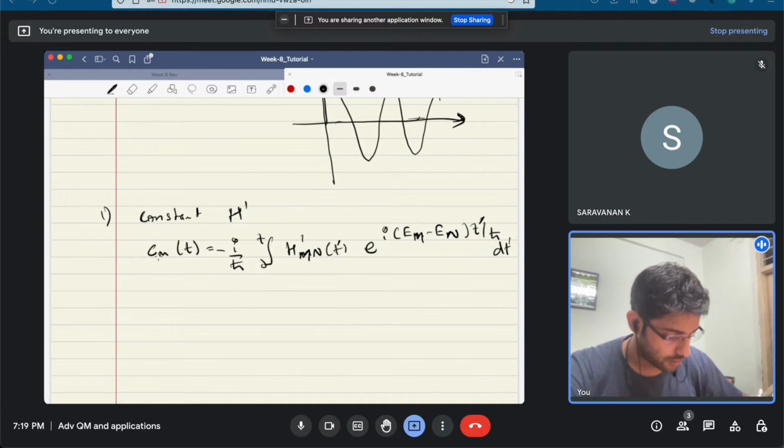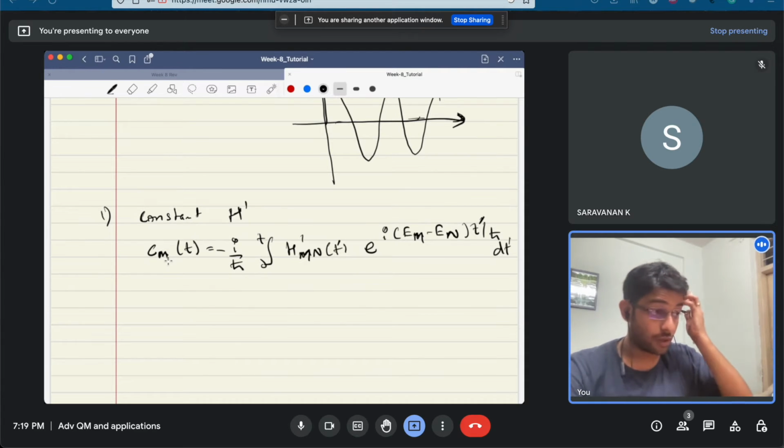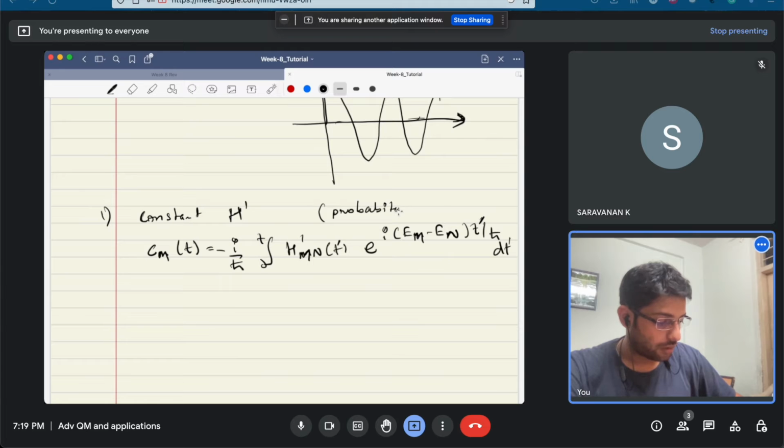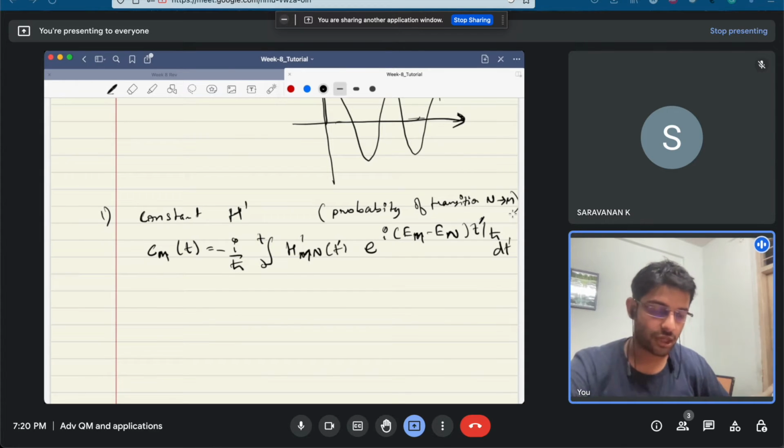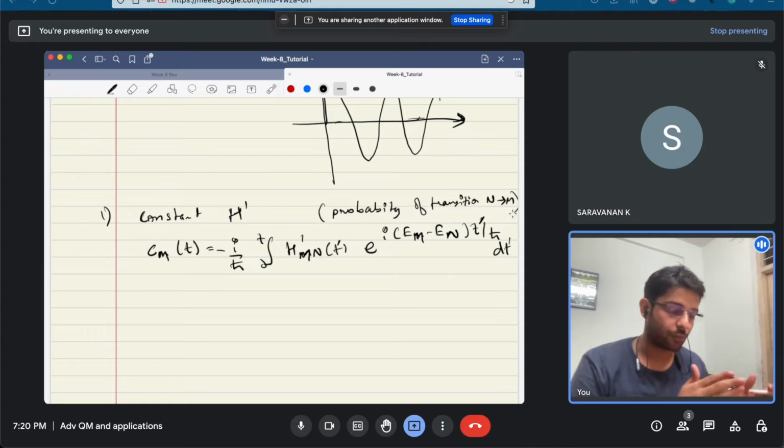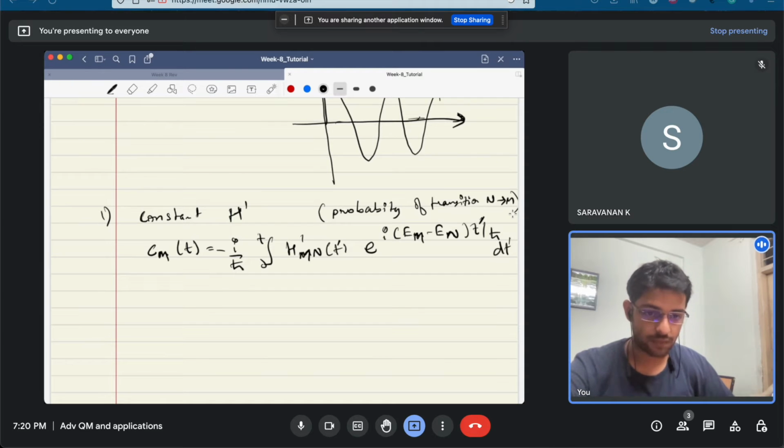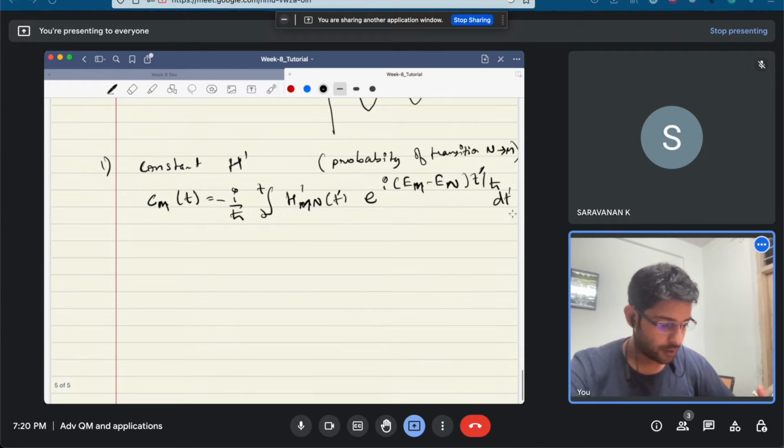So this is a capital M that we are looking for. We are going to check the probability of transition from n to m. As I said, the n state is initially populated, and we are going to look for the probability of transition to the m state, capital M state.